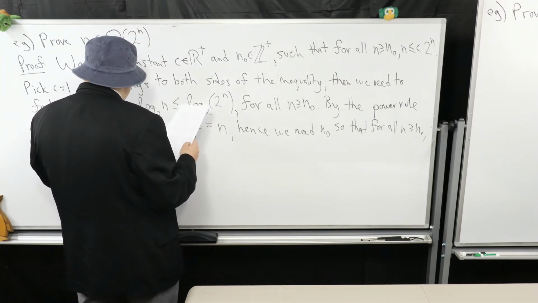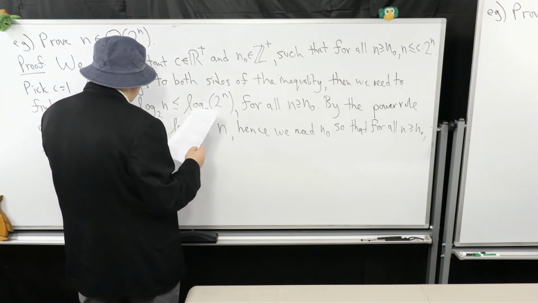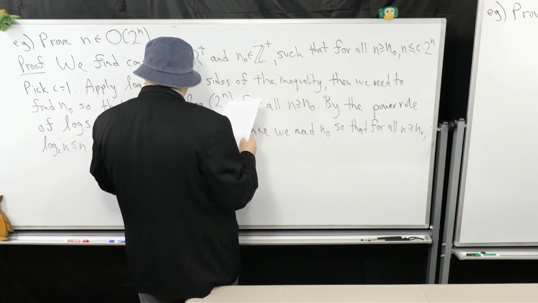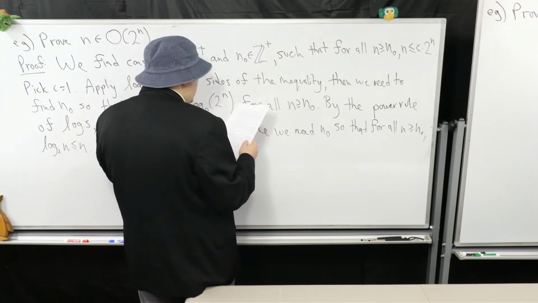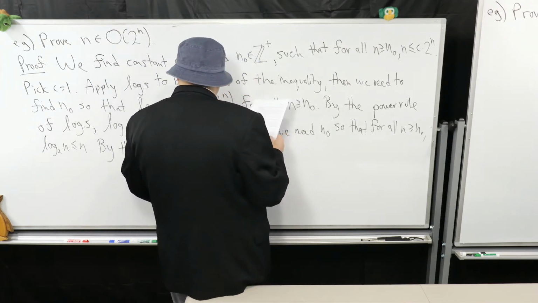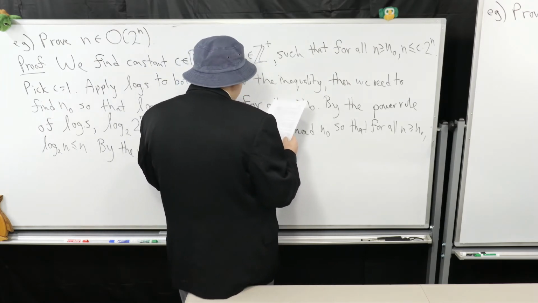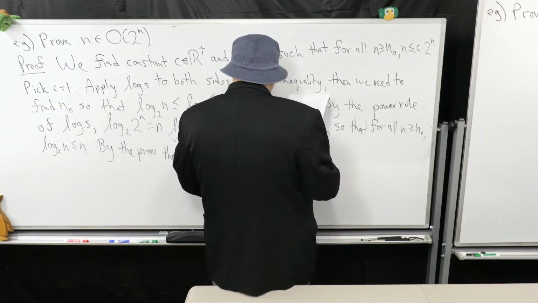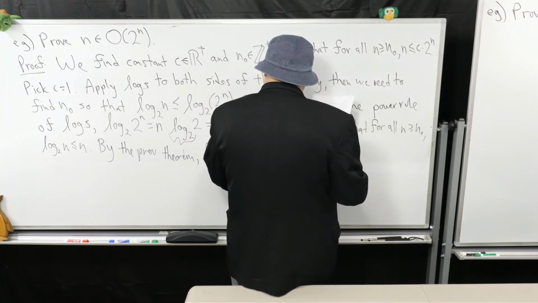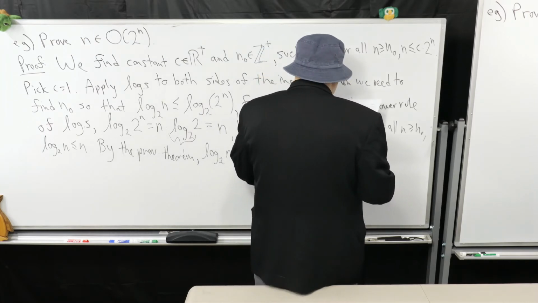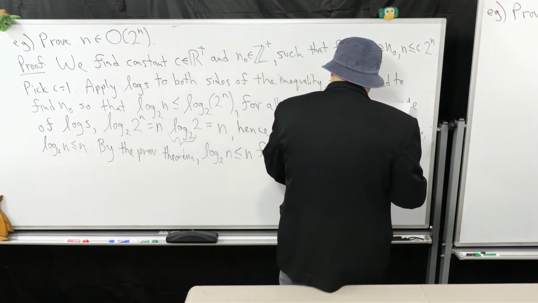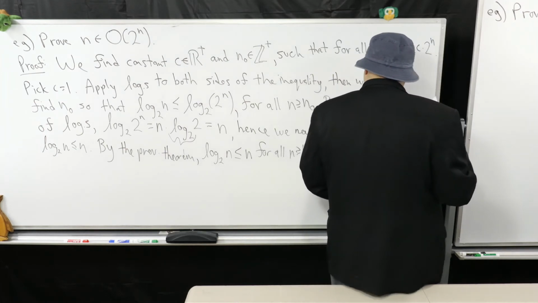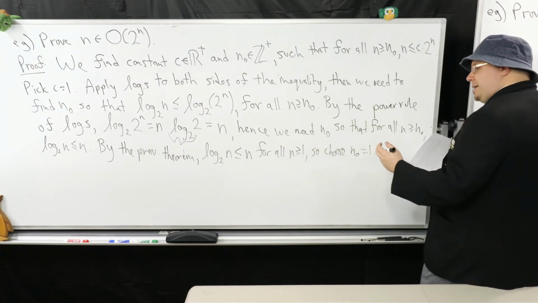By the previous theorem, so this was the theorem that I had proved in the previous video I did, log base 2 of n is less than or equal to n for all n greater or equal to 1. So choose n0 is equal to 1. Are we all done? Yeah, we're all done.